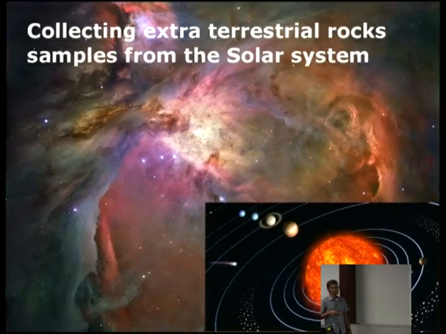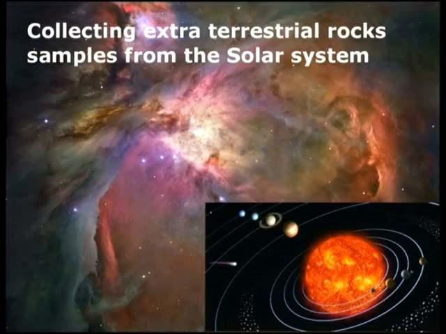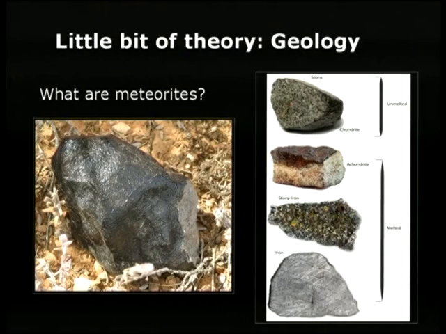And why are we doing all this? It's because we are trying to collect some extraterrestrial rocks as samples from the solar system. These rocks are quite old, and there are several types of meteorites. Basically, there are stony meteorites.